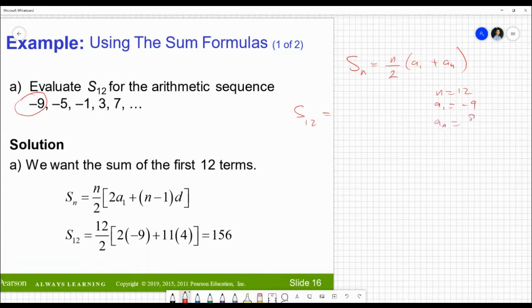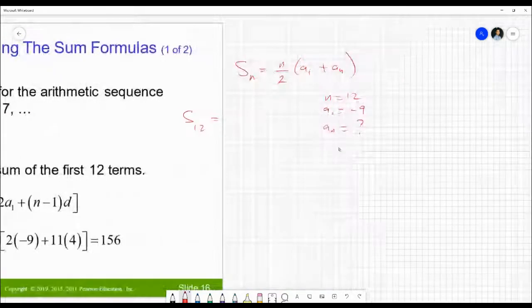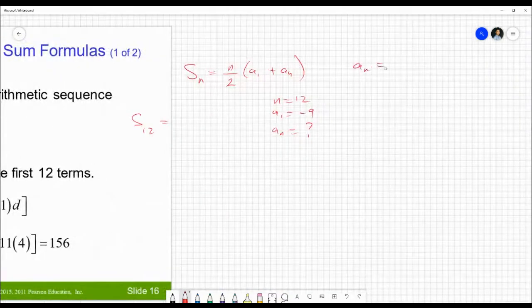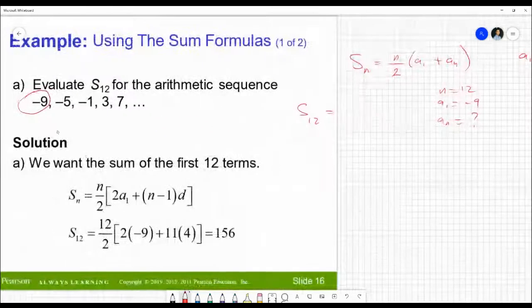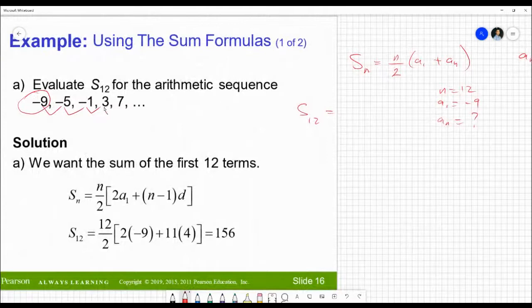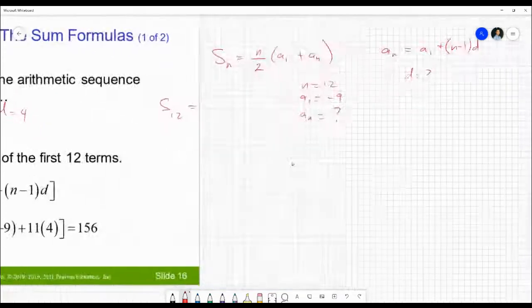Now we need to find what AN is equal to, and we don't have that, right? So we can find AN by using the formula A1 plus N minus 1 times D. And that means now we need to find what D is equal to. Well, we can look at the sequence to determine that. All we have to do is add 4 to get from one term to the next. So my D here is 4.